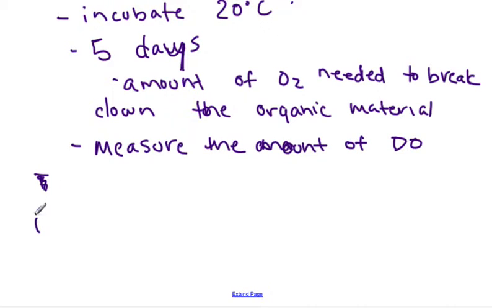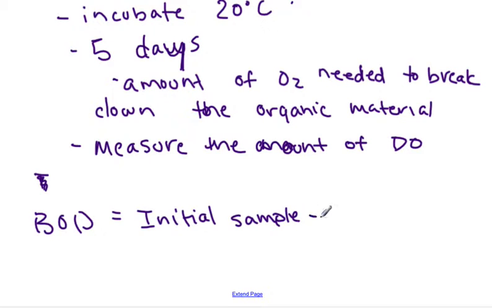To finally calculate it, my BOD is going to equal my initial sample subtracted by my incubated sample. And that's the basic way to calculate it.